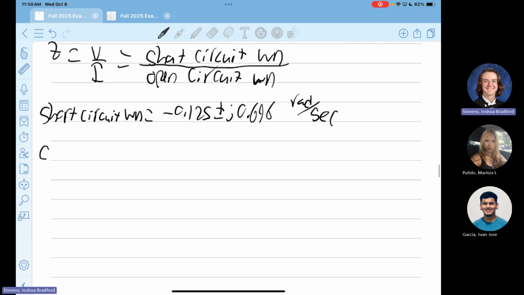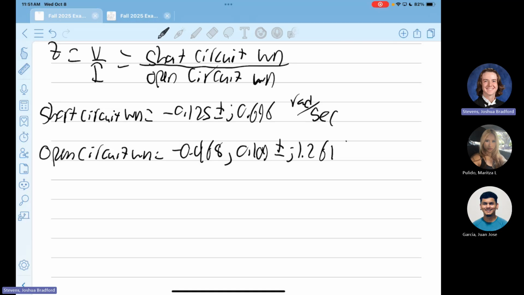The open circuit equals negative 0.468, comma, negative 0.109 plus and minus j1.261 rads per sec. Okay, so we're almost done with this question. I'm going to wait till everybody has that down. That's just a comma.